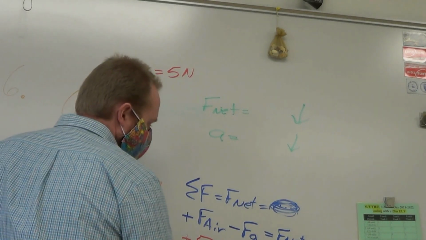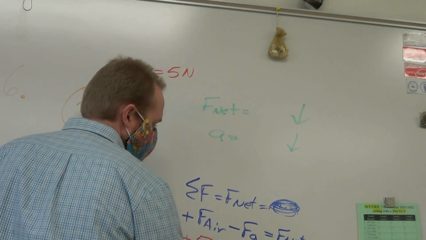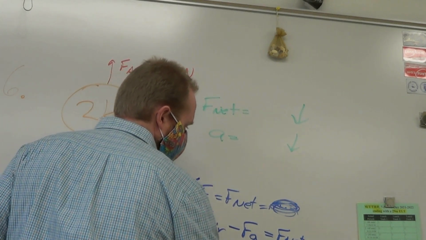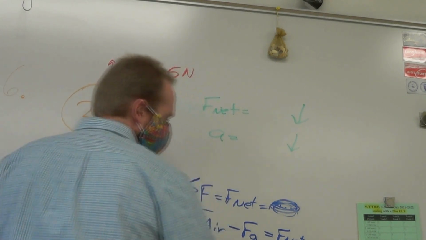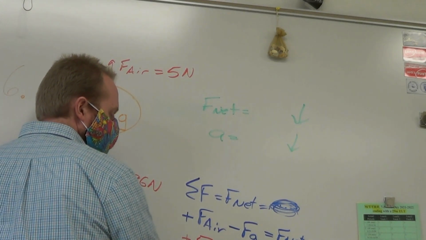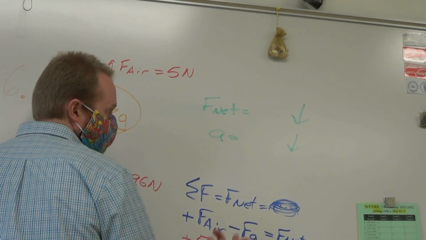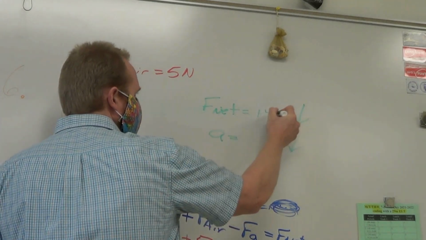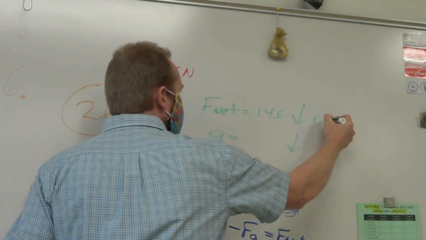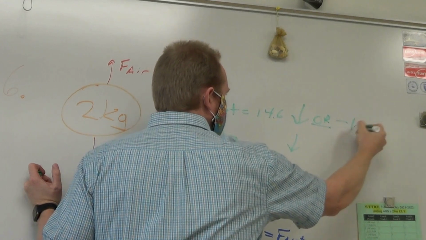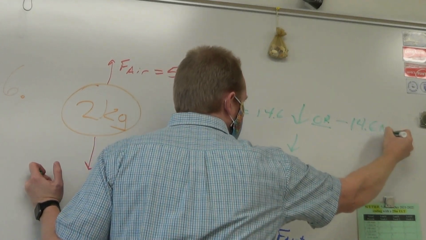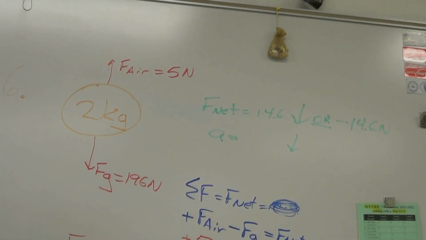So this F net is equal to negative 14.6 newtons. My downs are 14.6 newtons bigger than my ups. So this is going to be 14.6 newtons down, or negative 14.6 newtons. Either way is an acceptable way.